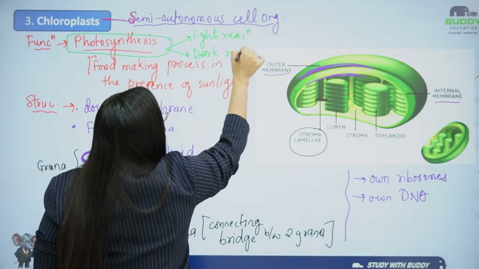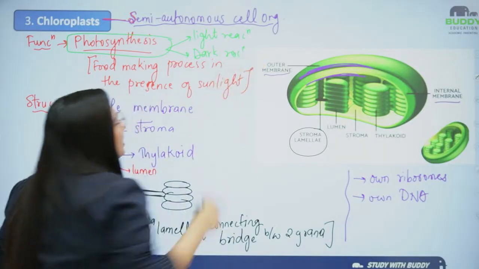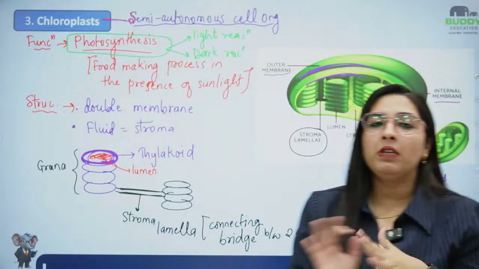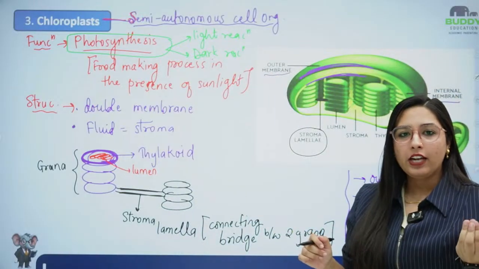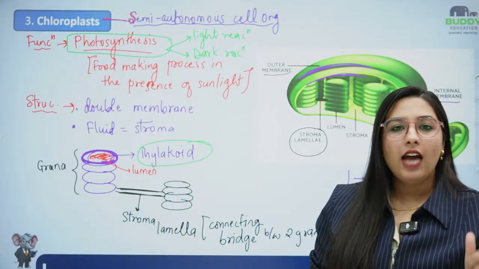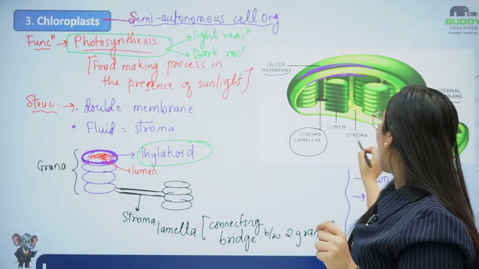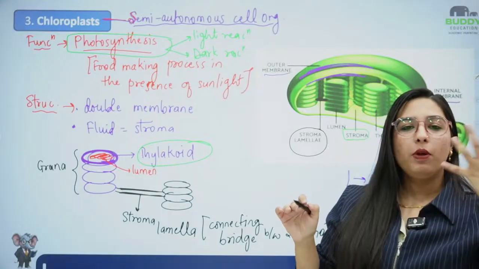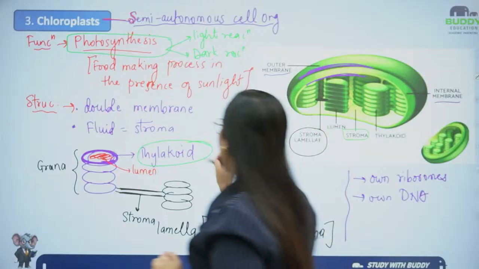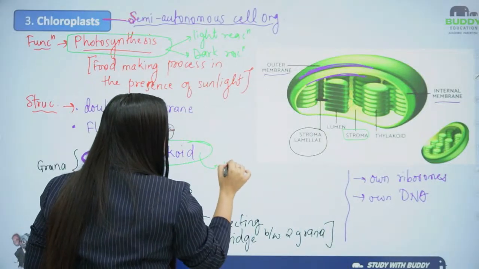Okay. So we have two specialized places for performing these reactions. Light reaction occurs in the thylakoid or the grana part, and the dark reaction occurs in the stroma part, which is the fluid part. So we have two places. One is the thylakoid; here we have the light reaction.